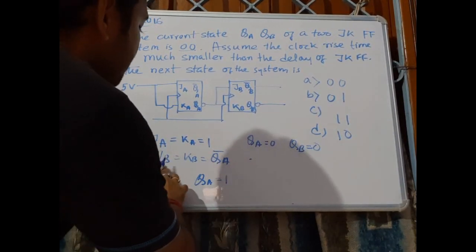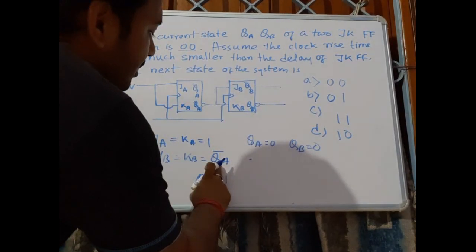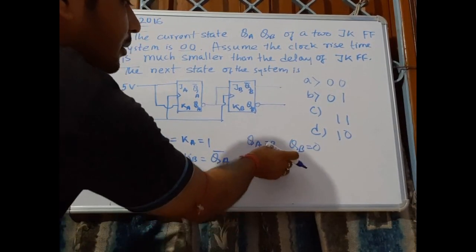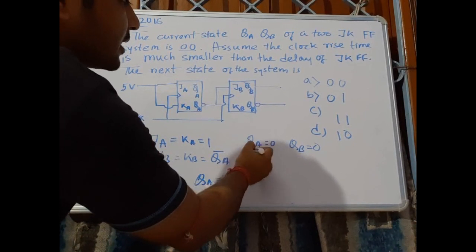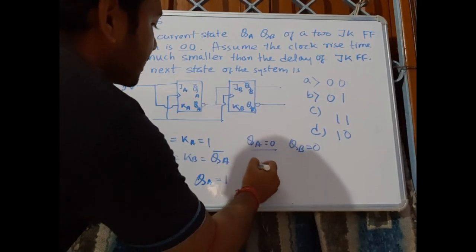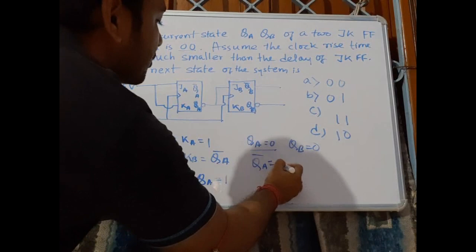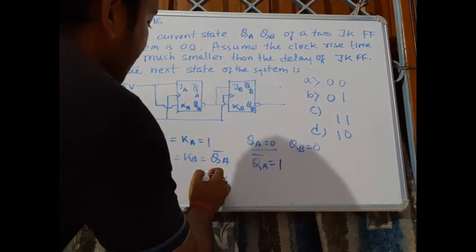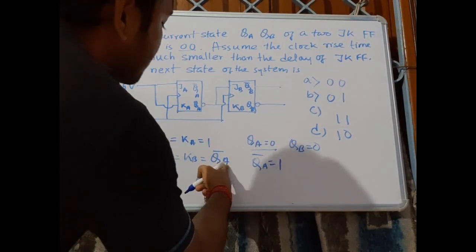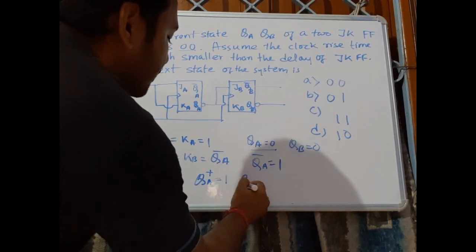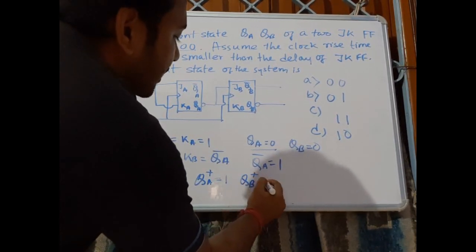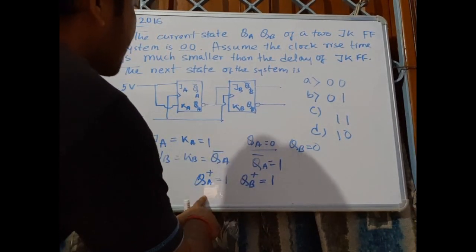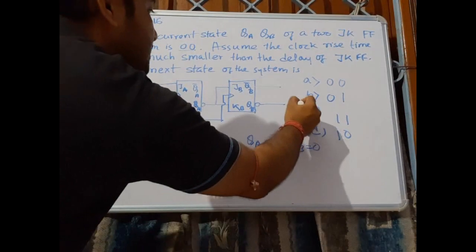And JB equals KB equals QA bar, and since our present state is QA equals 0, QA bar will be 1, right? So JB and KB equal 1. So our next state of QB is equal to 1. So the correct option will be option C, 1, 1.